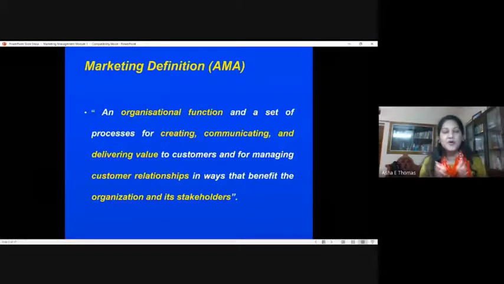It is part of the organizational function, because I might be very good in my production task, but that becomes useful only when my customers are coming to purchase it, when they are ready to accept it. Before that, they should be aware of what I am producing, why I am producing, and what the benefits to them are through my product. I have to communicate, and that communication generally happens through the function called marketing.